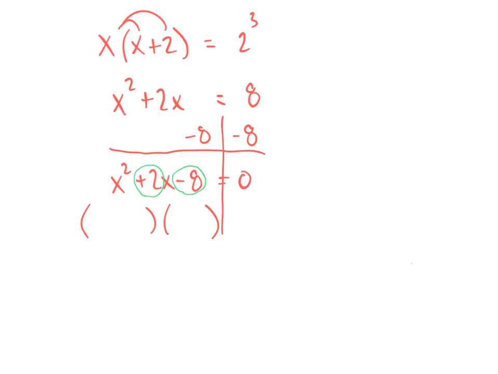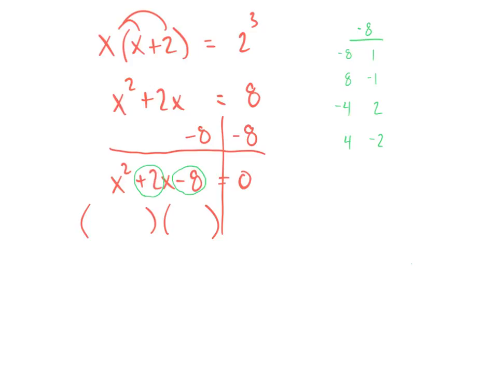So if you are trying to figure out what that number is, let's list our factors of negative 8. We've got negative 8 and 1. We've got 8 and negative 1. We've got negative 4 and 2, or 4 and negative 2. Any others? Nope. So let's add them now and see which of these gives us the positive 2 that we're looking for.